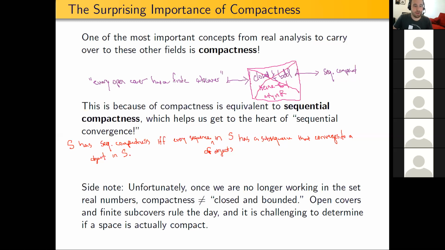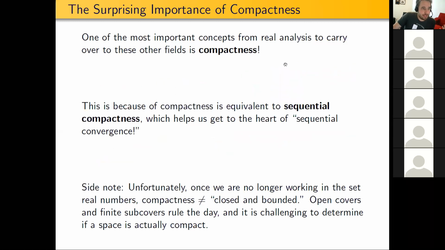So we have to keep working with open covers and finite subcovers and sequential compactness. So that's a shame. That's a drag. That is too bad. But still, we can see the importance of compactness and sequential compactness here.